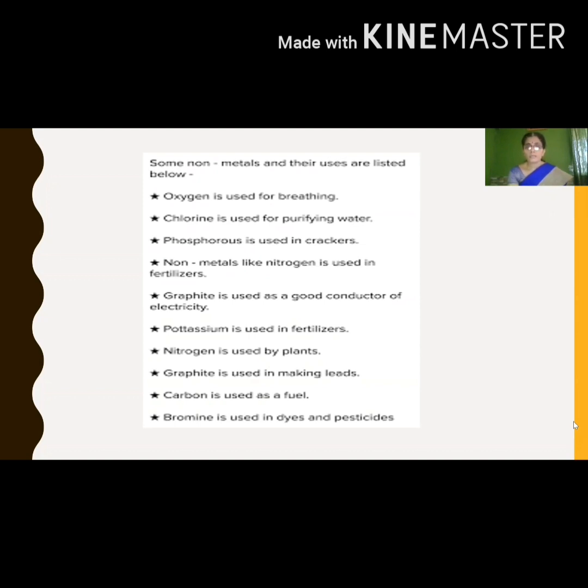Metals are very hard and have malleability, by which they can be made into different kinds of sheets. They are good conductors of heat and electricity. So using these physical properties of metals, you can write uses of metals.